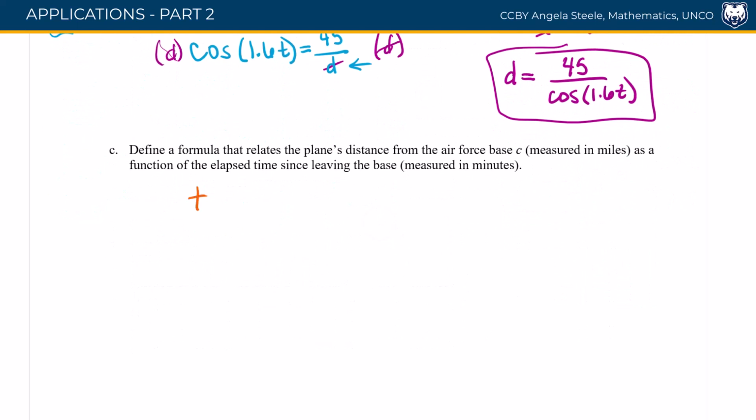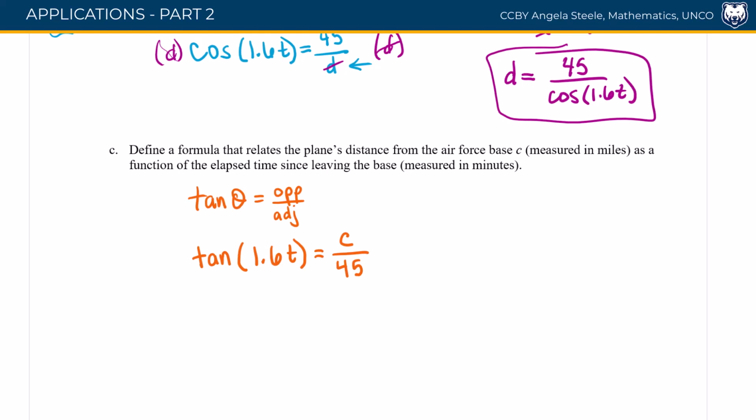So our tangent of theta is equal to opposite over adjacent. We're going to plug in our variables. So we get tangent, our theta is going to be 1.6t, equal to the opposite, which we are calling C, and the adjacent is going to be the 45 miles.